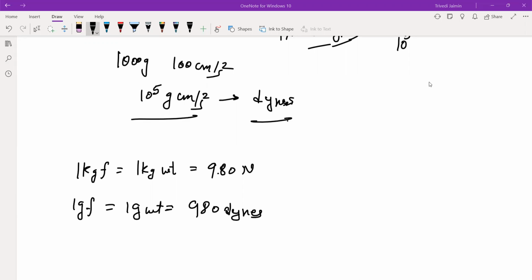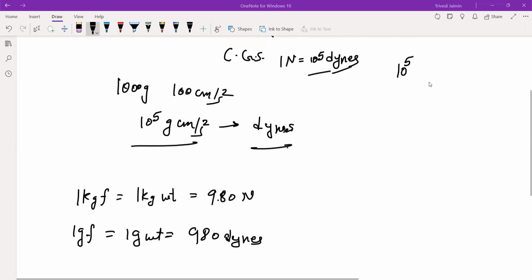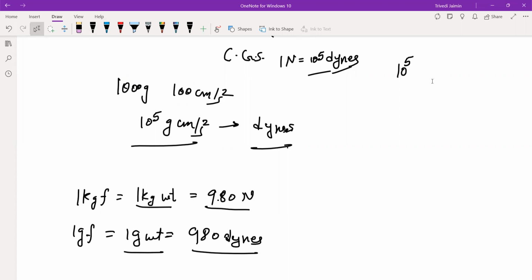Okay. These are just other standards, kilogram weight and gram weight. Don't get confused with these names. What is the meaning of this? 1 kilogram force means a mass of 1 kg which is attracted towards Earth.